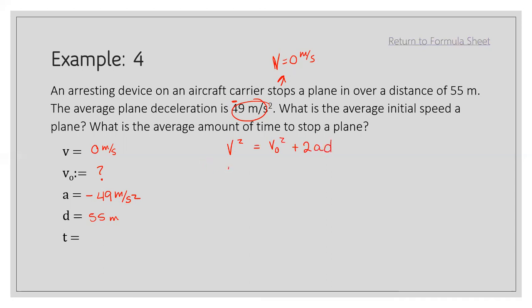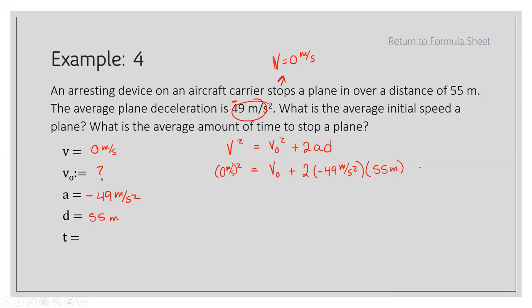Substituting in, velocity squared is equal to, oh, let's just erase here, missed a piece. So we have final velocity is 0 meters per second is equal to our initial velocity, which we want to find out, plus 2 times acceleration, negative 49 meters per second squared, times distance, which is 55 meters.